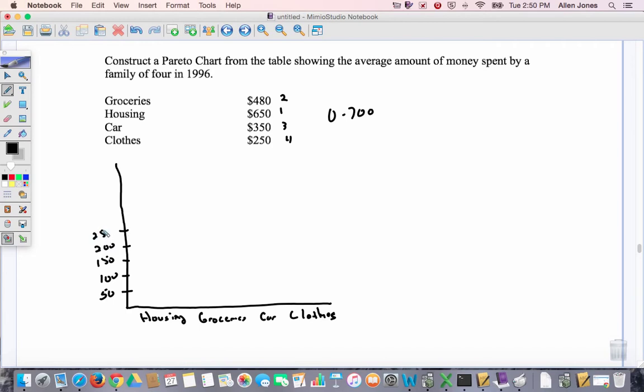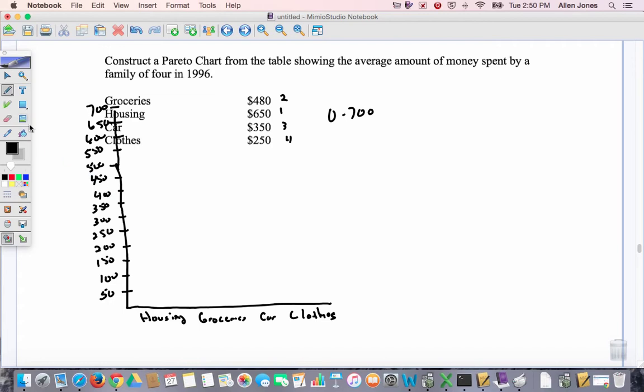Not sure I left myself enough room here. Not even close. So I'm going to extend this up a little bit. 550, 600, 650, and 700.